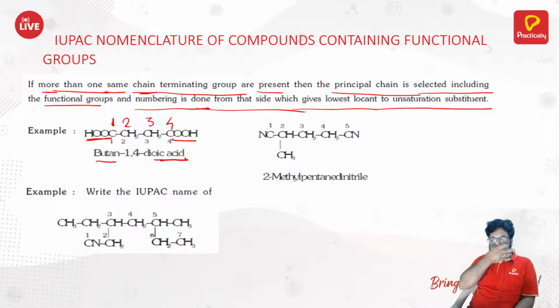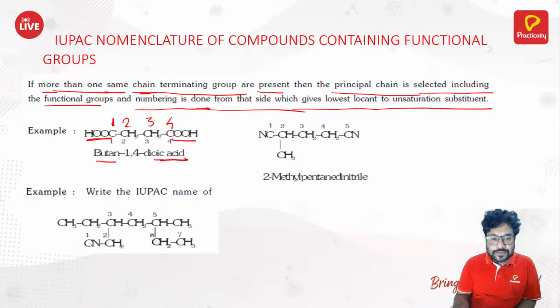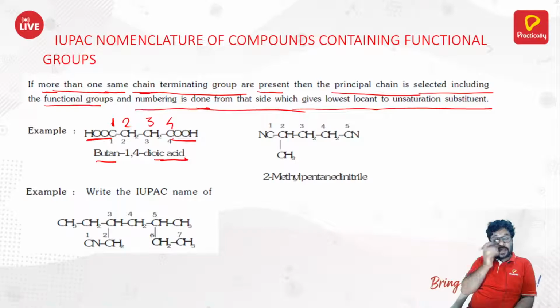Now there are 2 carboxylic acids. So what do we write? Dioic acid. Di means 2, right? Now here, I gave you such an example before also, but in that case, it wasn't present at the end of the chain. Here it's present right at the end of the chain. Okay. You will see more such examples, then you will understand it in more detail.